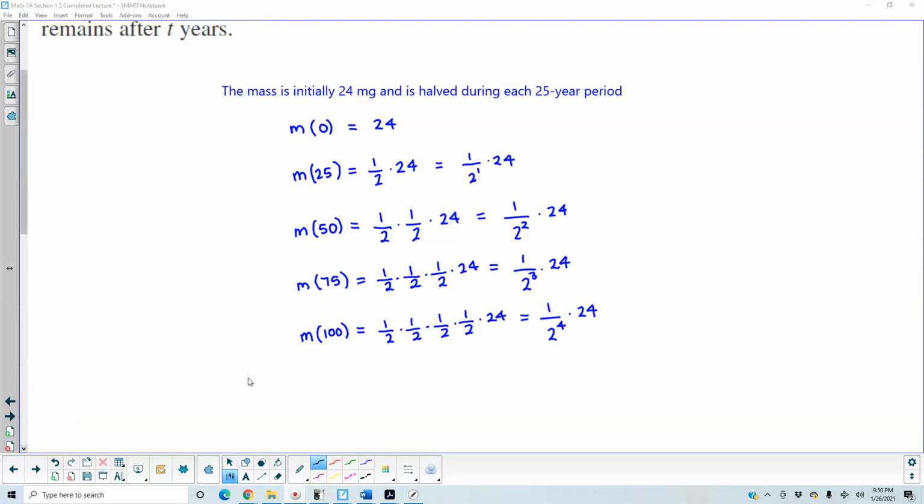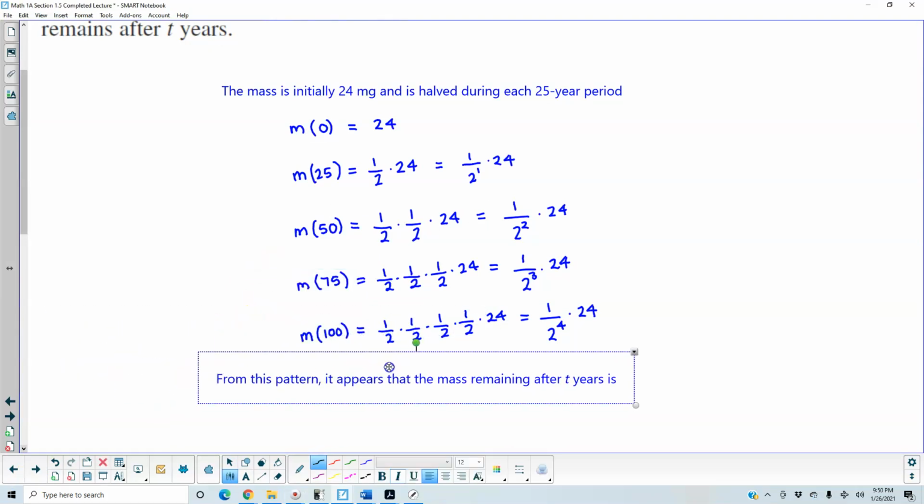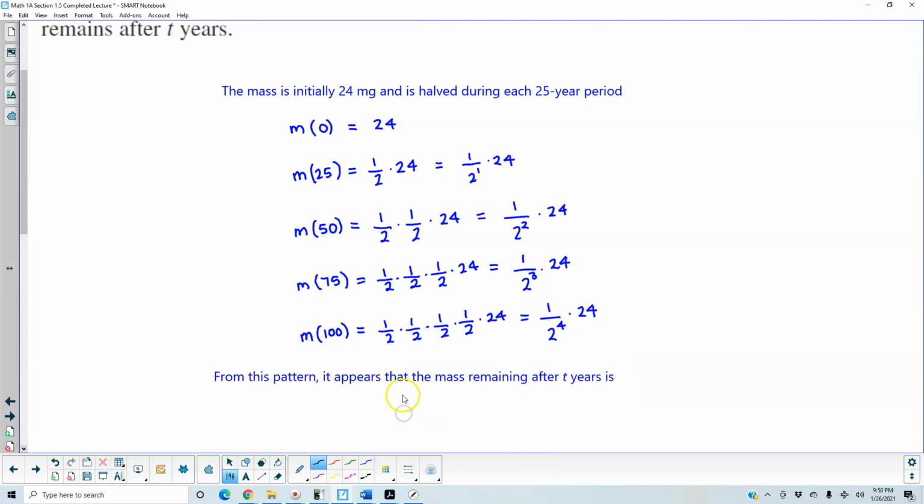So what can we say? Well, from this pattern, it appears that the mass remaining after T years, M of T, is equal to 2 to the power of T divided by 25 times 24.